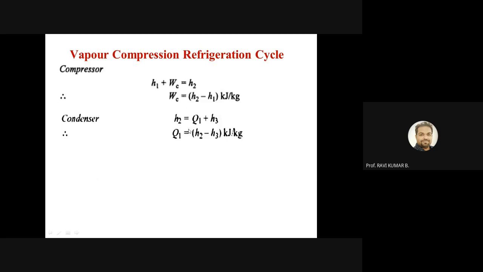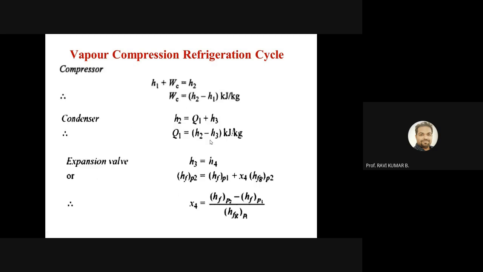Similarly, condensation is a constant pressure heat rejection process. So H2 is coming in, heat is getting rejected, and finally you get H3. So Q1 plus H3, we can get the amount of heat which is getting rejected: H2 minus H3 kilojoule per kilogram. And the expansion valve is a constant enthalpy process, so H3 is equal to H4.